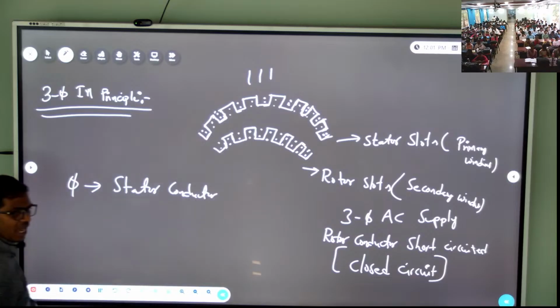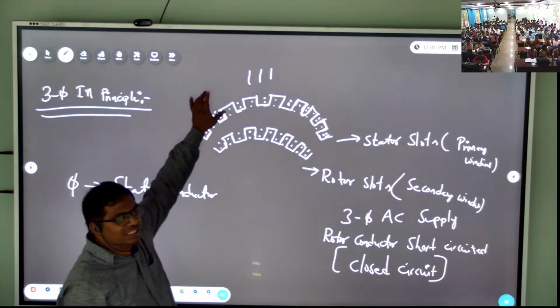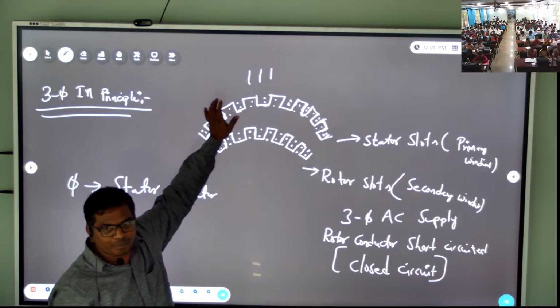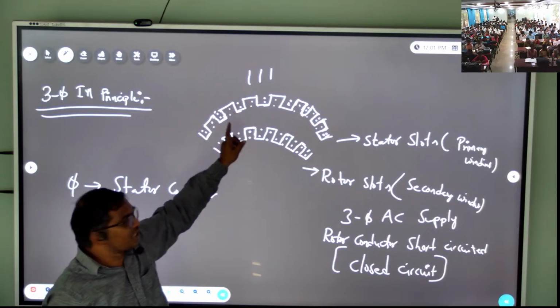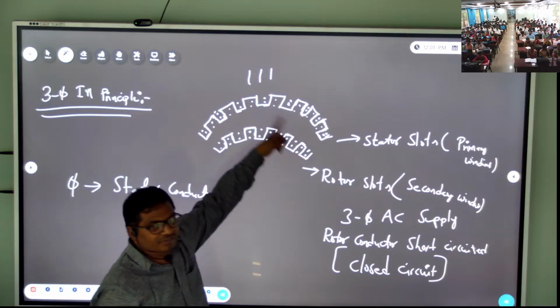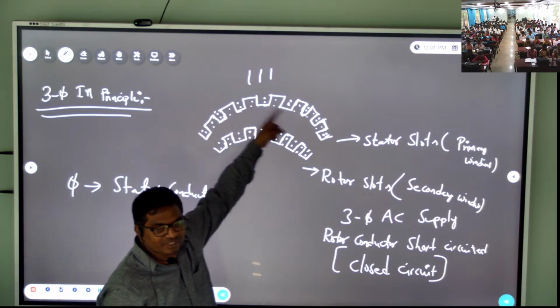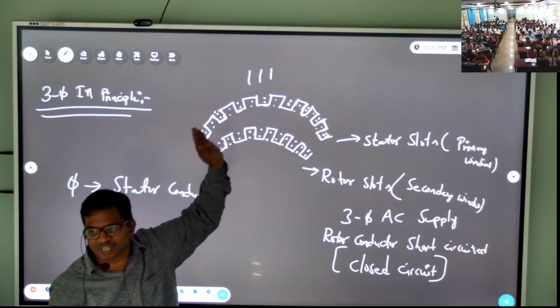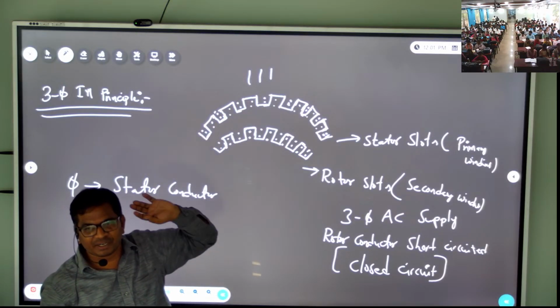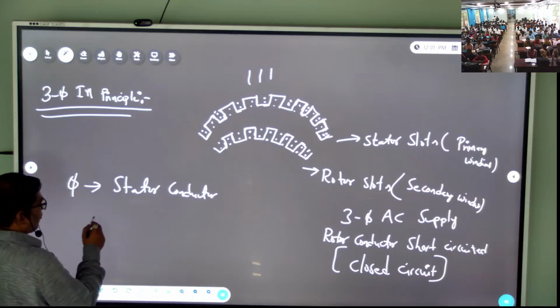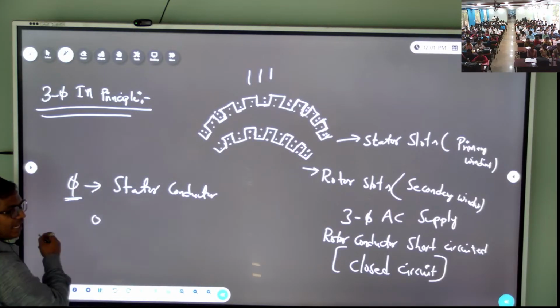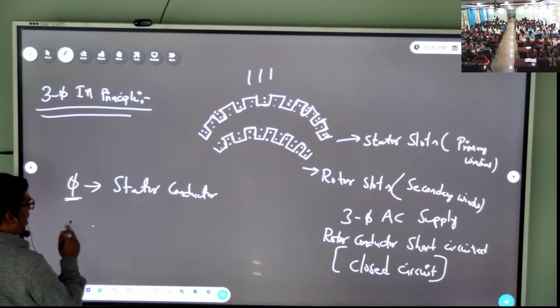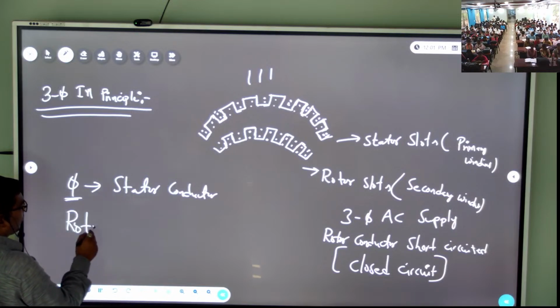Simple: I am applying the supply to the stator, and in the cast iron a magnetic field is established. Magnetic field means flux is established. That magnetic field is called the rotating magnetic field.